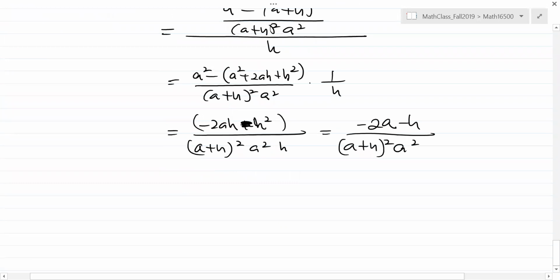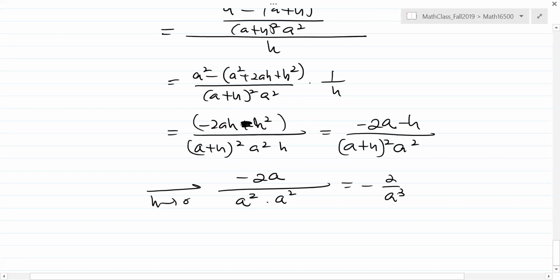All right, so now you can safely let h go to 0. If h goes to 0, the numerator is negative 2a, the denominator is a squared times a squared, right? H is 0. So after you simplify, it'll be negative 2 over a cubed.